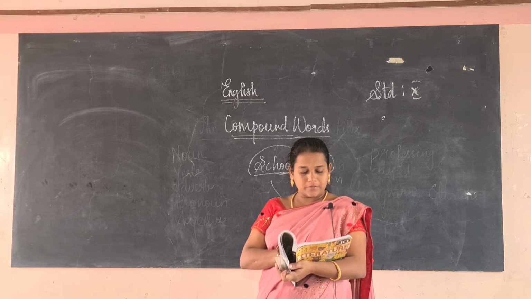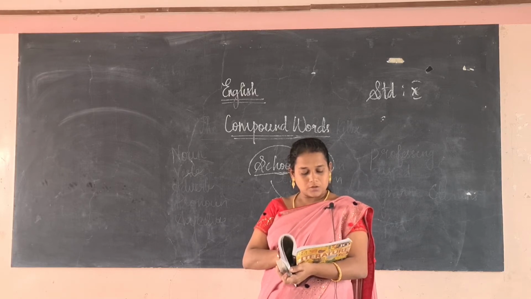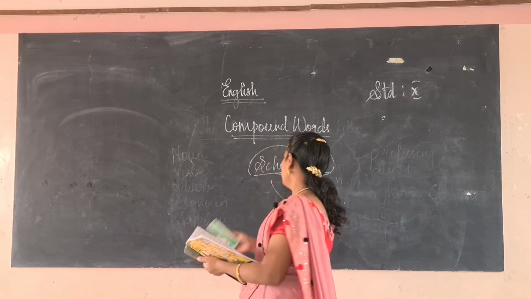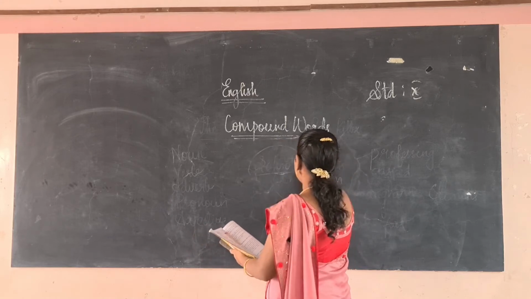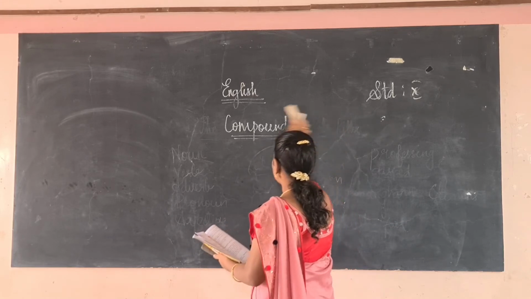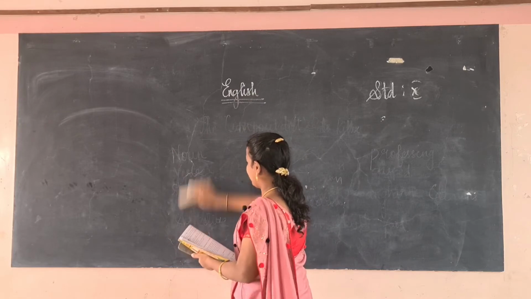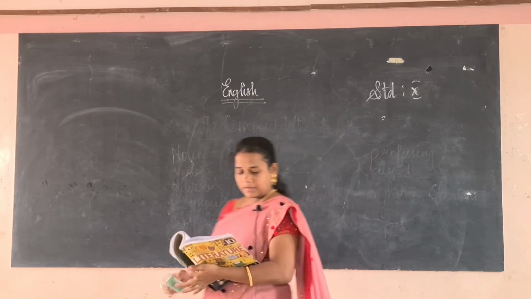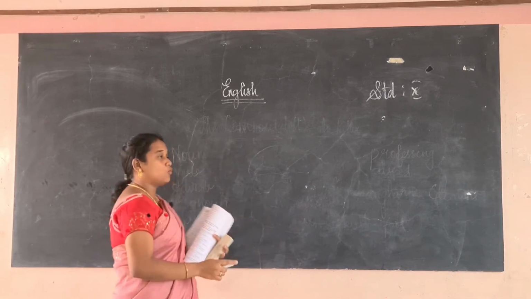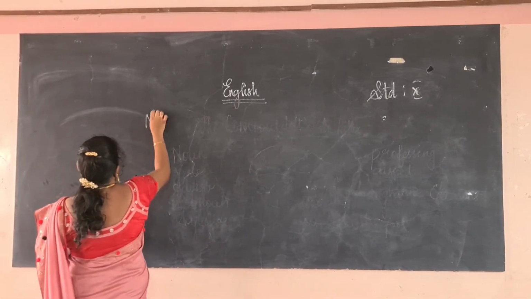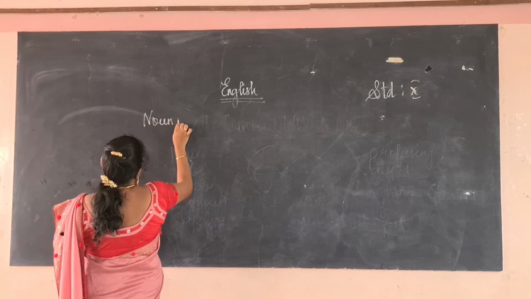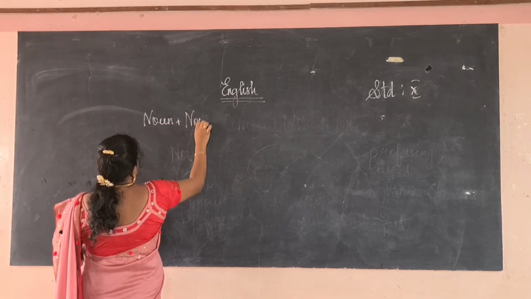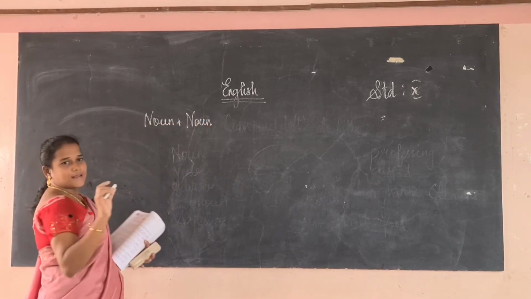Complete the following table with 2 more compound words. It's a combination of the parts of speech. By using that, we have to find the compound words. See, here they have given noun plus noun. Noun is a naming word.